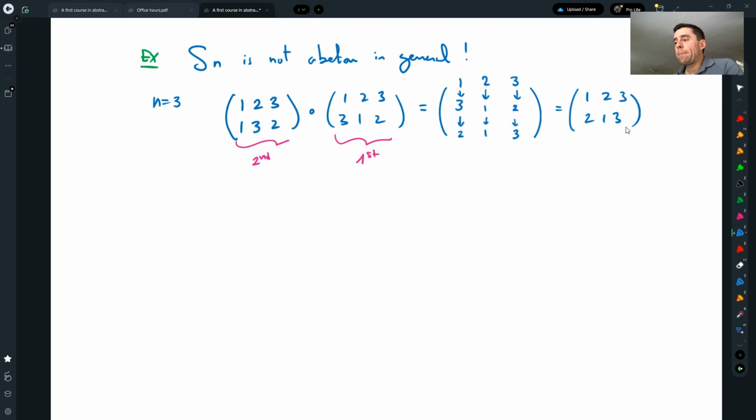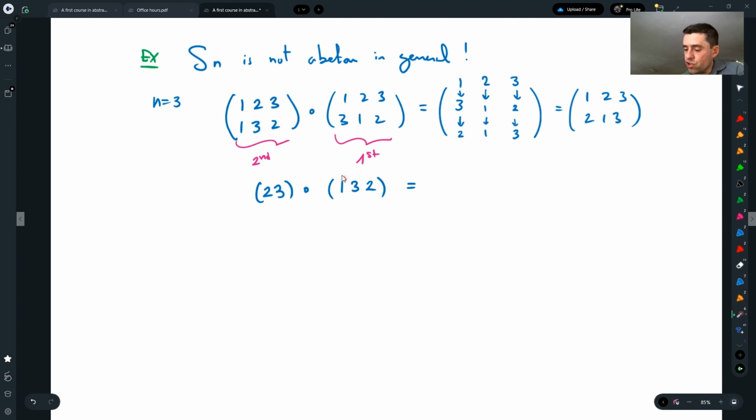Okay. But what about, by the way, in compact notation, this is the cycle (2 3) composed with the cycle that goes, let's see, 1 goes to 3 and 3 goes to 2. So if I compose these ones, what I can do is just check first 1 goes to 3 in the first one and 3 goes to 2. So that tells me that 1 went to 2 overall.